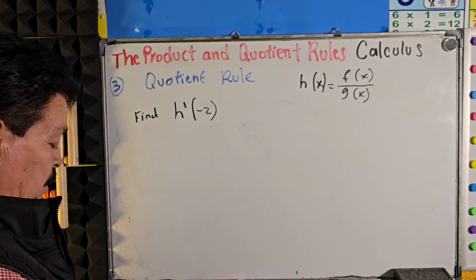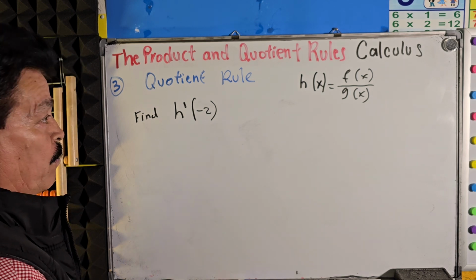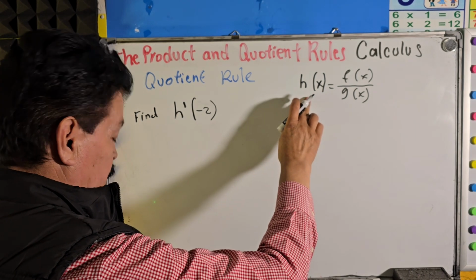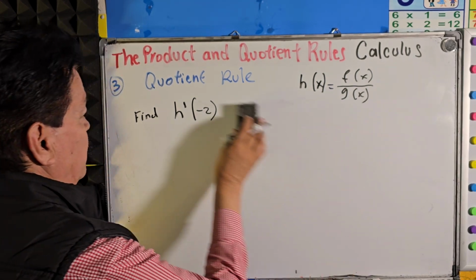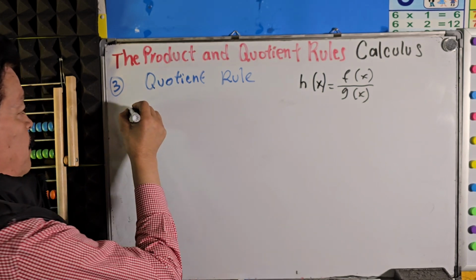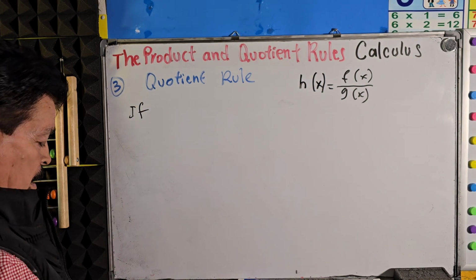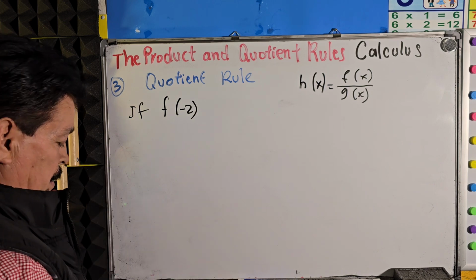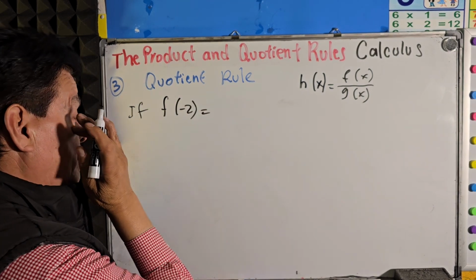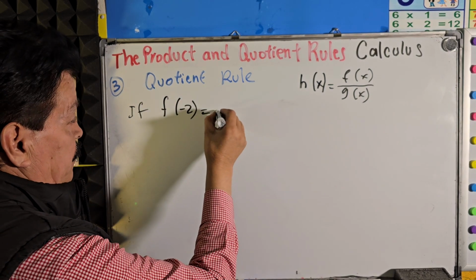I think a problem here. G of x. Let's see the values: f of -2 equals -9.